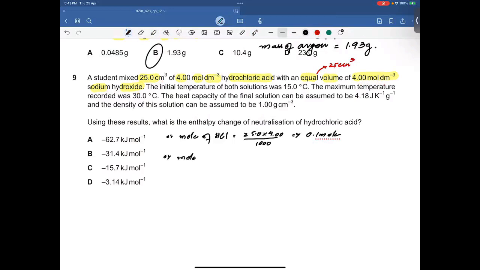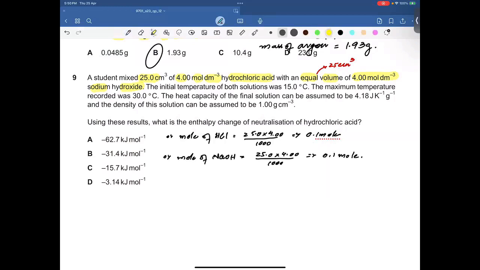So moles of NaOH is also 25.0 into 4.00 divided by 1000. So you will get moles. Now HCl and NaOH both have same number of moles. So we can use any value from these two, all right?